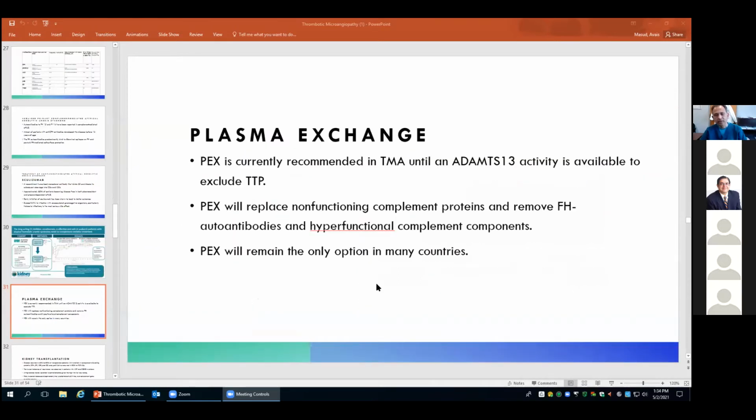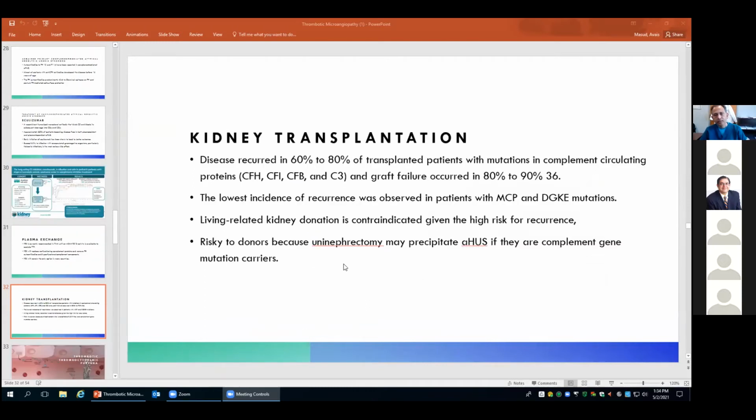Plasma exchange is another treatment for complement-mediated HUS. In places where eculizumab is not available, this is the main treatment. It is also the treatment for TTP. A kidney transplant is also needed in some patients, but transplant in complement-mediated HUS is not a straightforward answer, because it depends on which factors were involved.